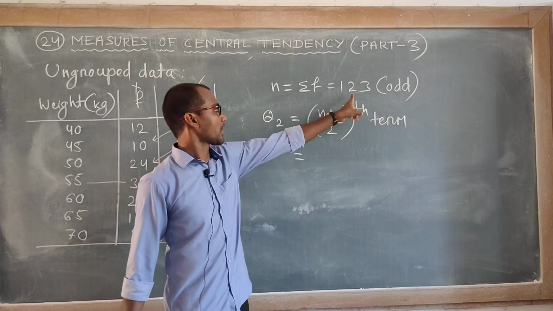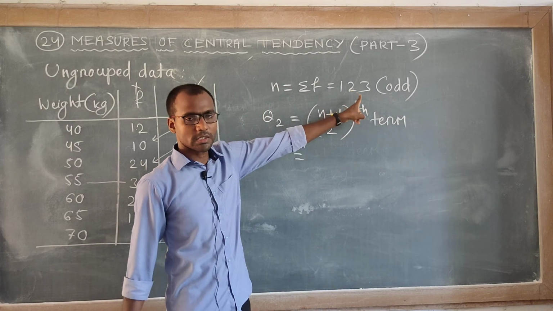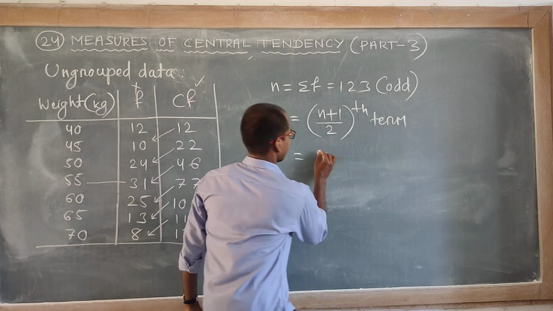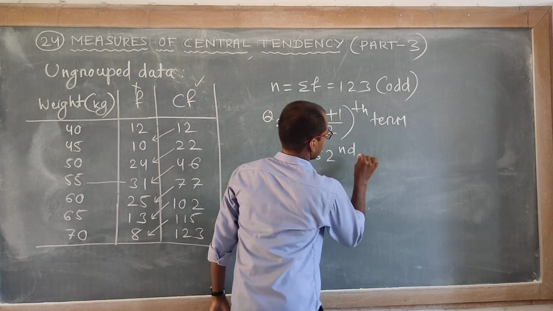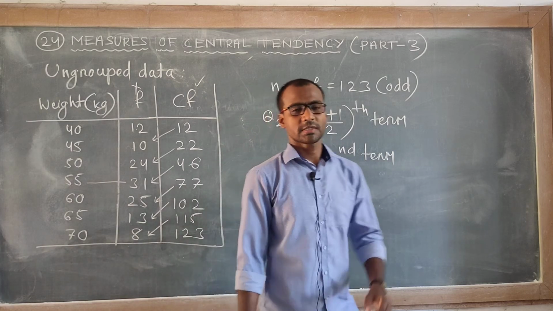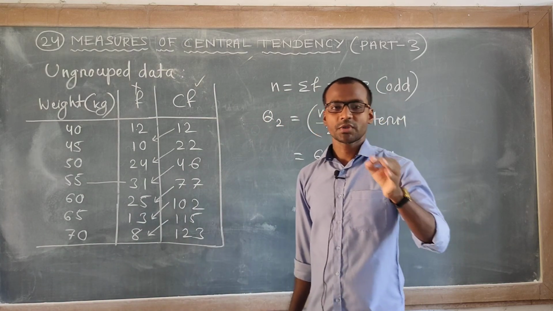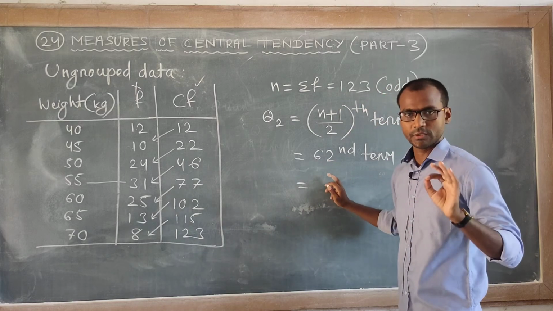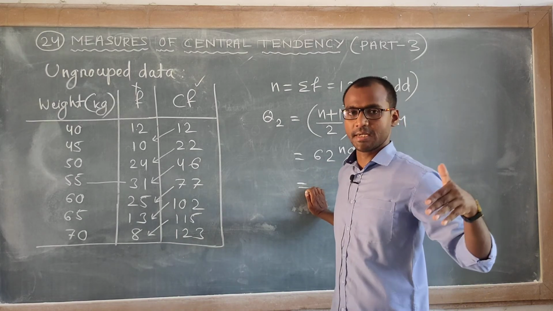N plus 1 is 124, since 123 plus 1 is 124. By 2 is the 62nd term. The 62nd term means the child whose position is 62, standing in a straight line.